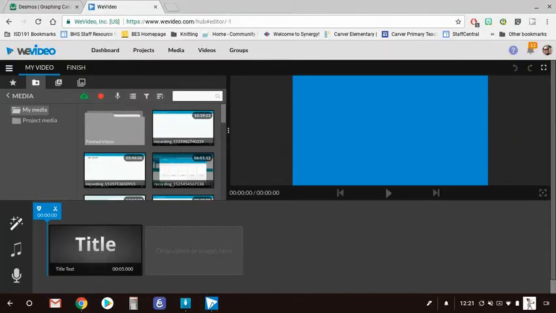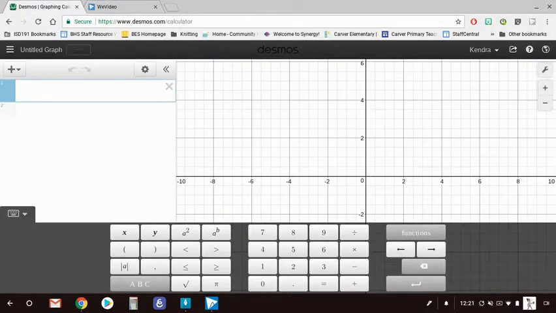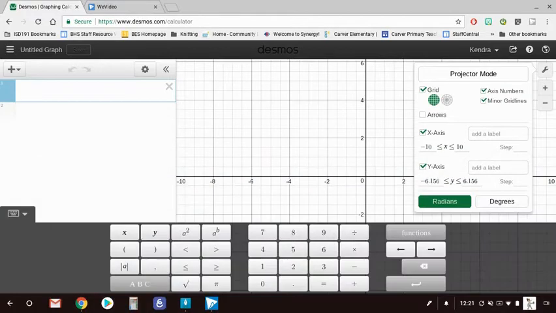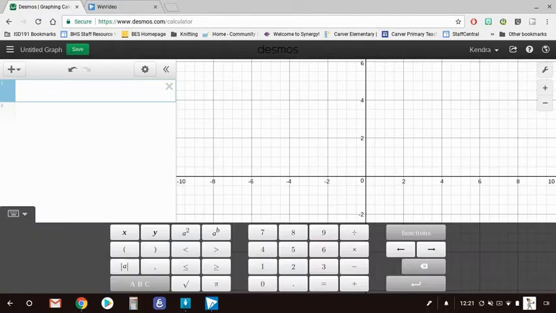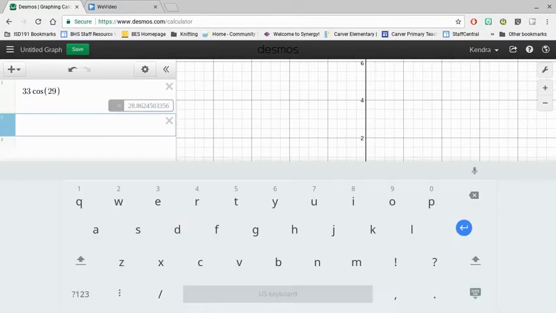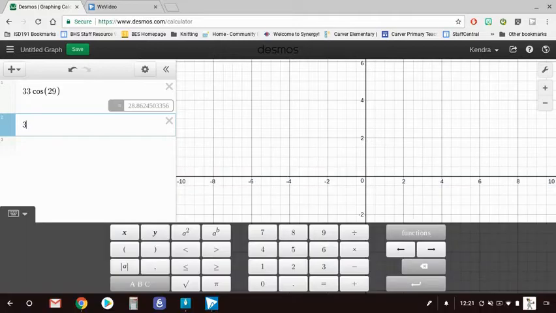So I do have Desmos up and running, and make sure that I'm in degree mode. So I want 33 cosine of 29 and 33 sine of 29.